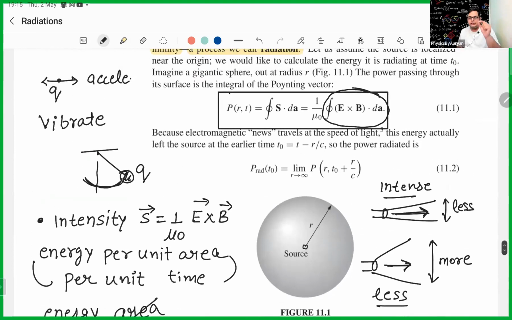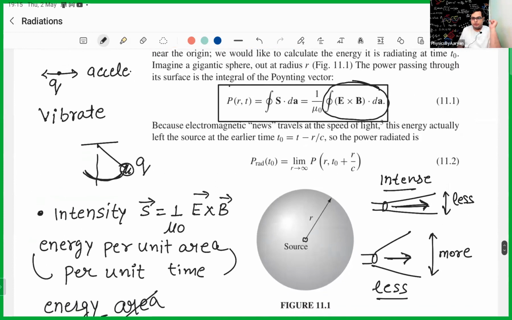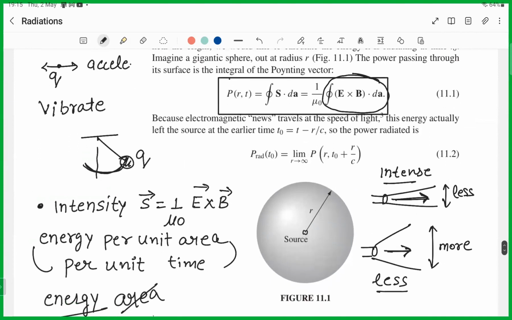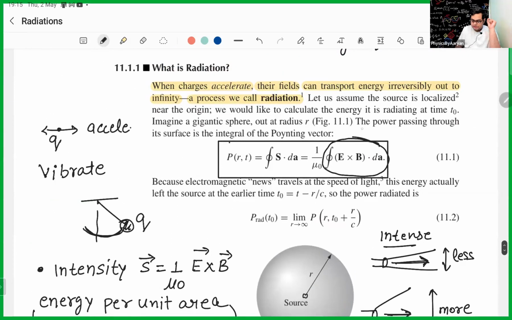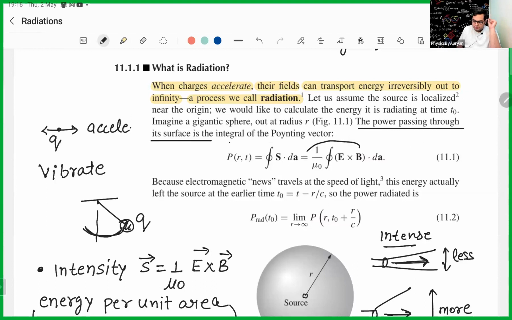Can anyone tell me what is energy per unit time? Power. So the power passing through the surface is this thing. This is the Poynting vector, and if you do an area integration, you get power.